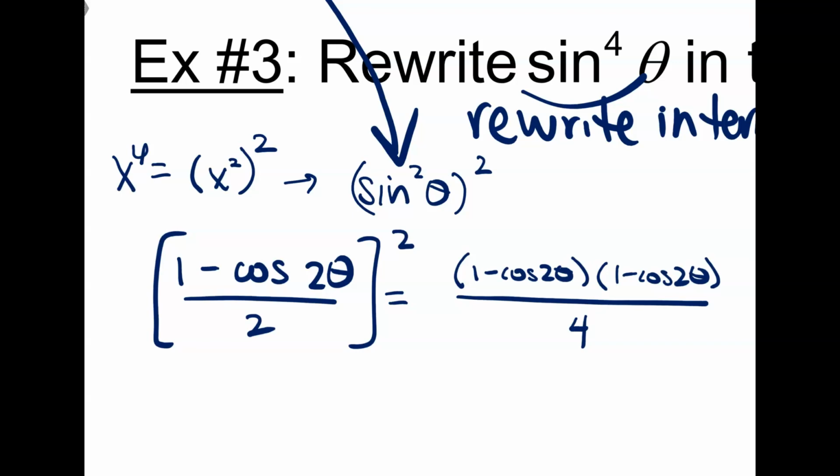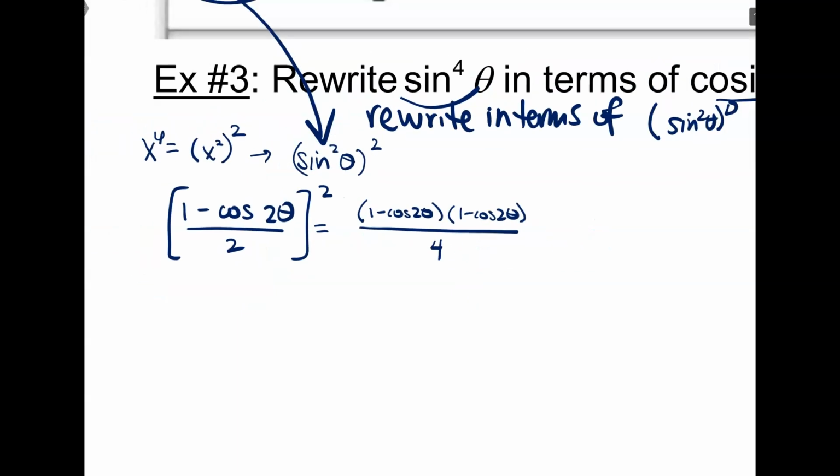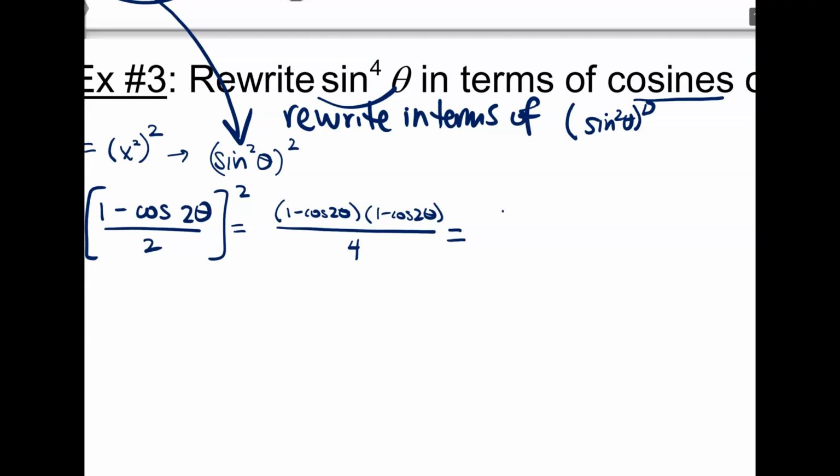And then it is foiling it out. Gotta FOIL it out. So 1 minus 2 cosine double angle plus cosine squared of my double angle all over 4.